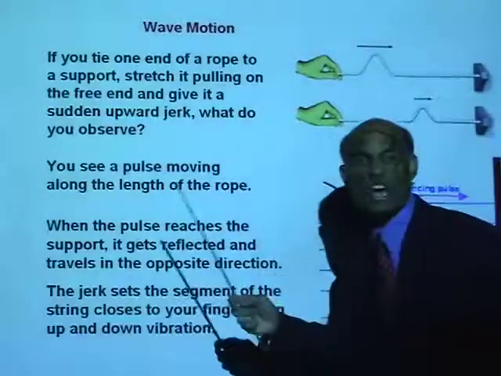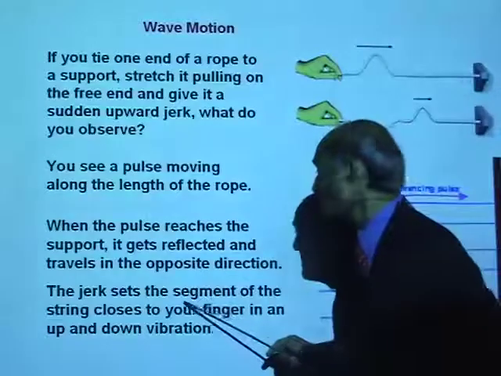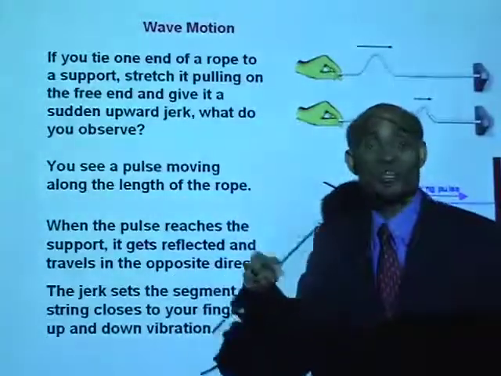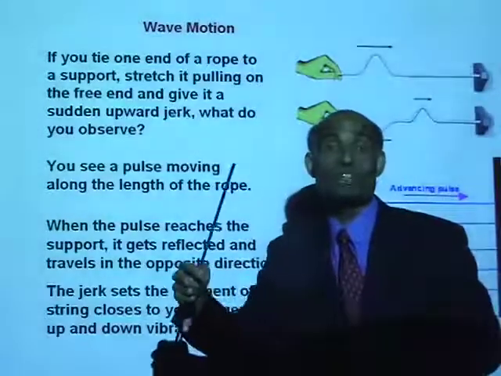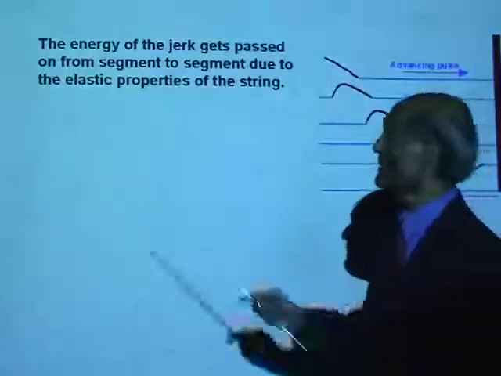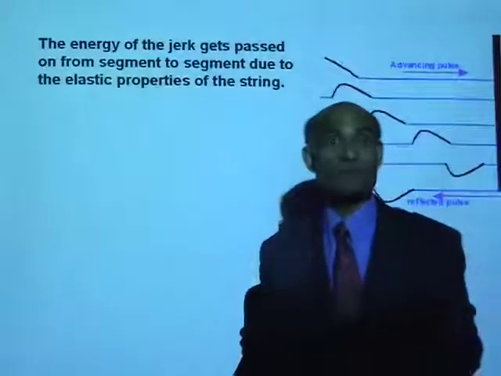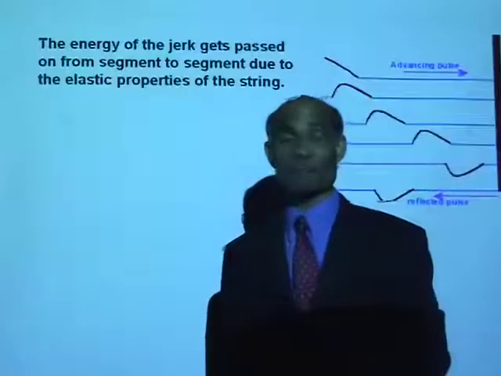So the energy of the jerk set the segments into simple harmonic vibration, up and down vibration, and the energy of vibration gets handed over from particle to particle. The energy of the jerk gets passed on from segment to segment due to the elastic properties of the string.